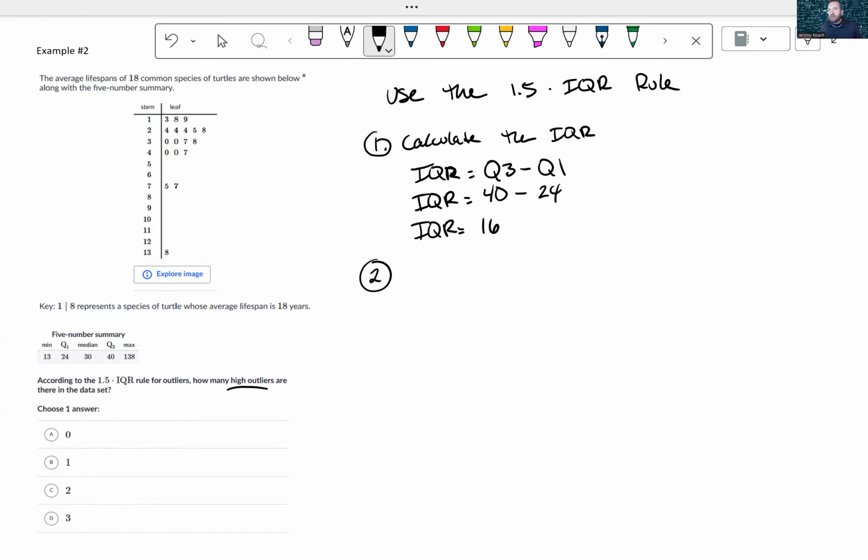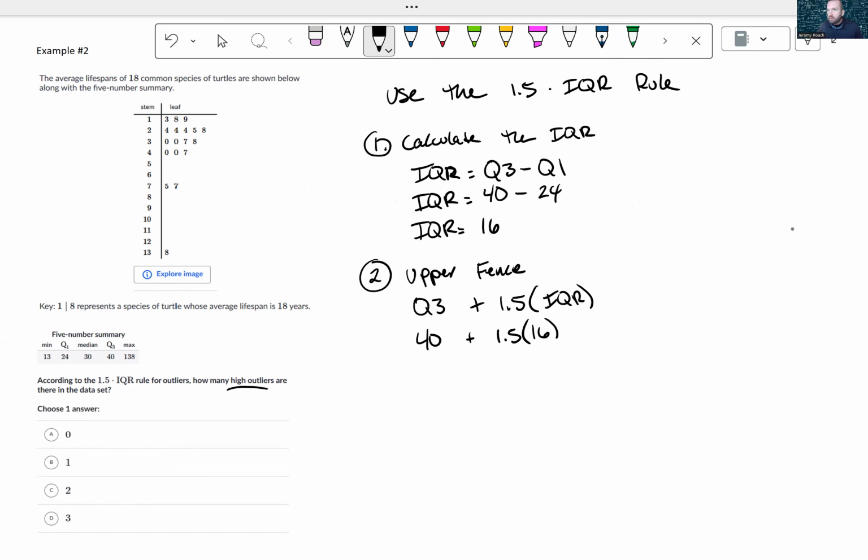Now we want to find the high outliers. So that's our upper fence equation. The upper fence equation is Q3 plus 1.5 times IQR. Q3 is 40, plus 1.5 times our IQR, which is 16.